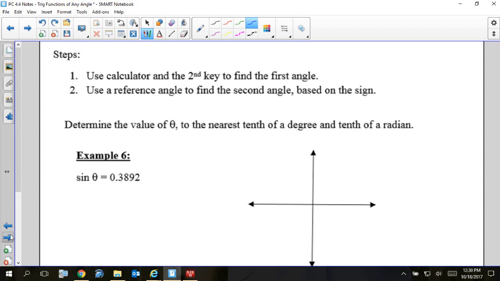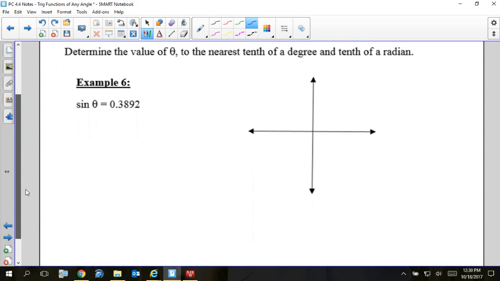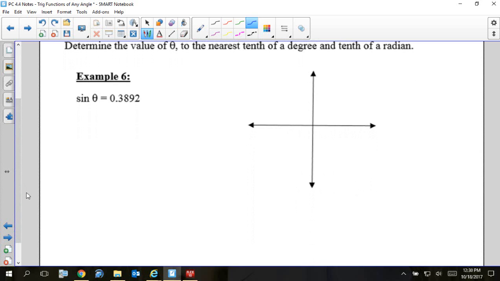Example 6, we're determining the value of theta. We're doing what we just did, except now I've given you a decimal for sine, so it's not one of those that you've memorized. It's not one of the special ones. So we need to figure out what angle theta is that the sine is 0.3892. How do you find the angle on the calculator?